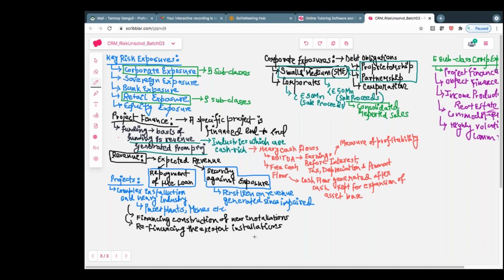Okay. So over here, the next question, which obviously will become very important at this stage, is the repayments.